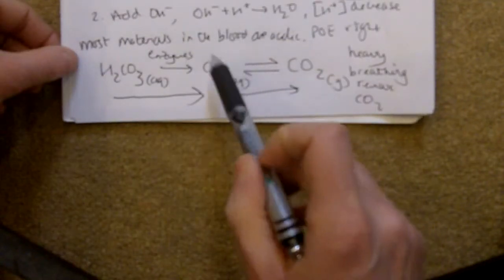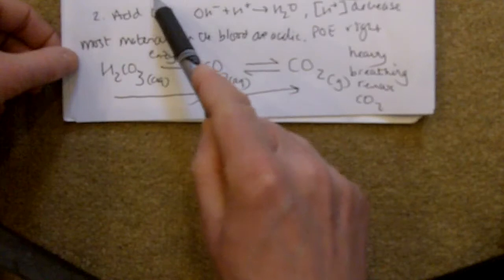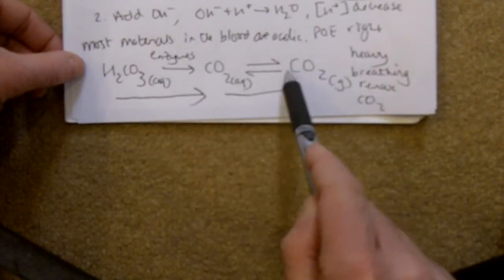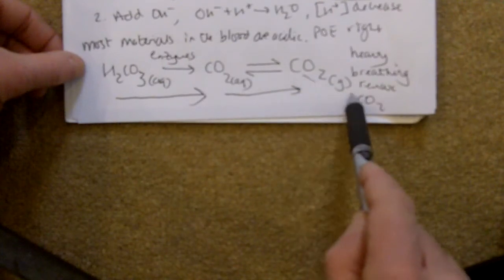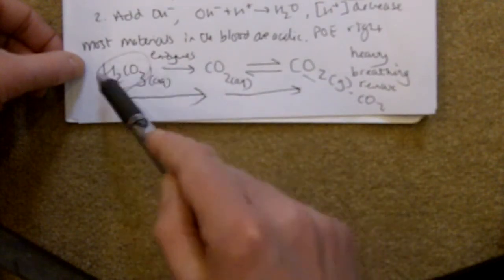So if through exercise you have an increase in H plus, then by heavy breathing you can remove the CO2, and that will push the equilibrium and use up more carbonic acid.